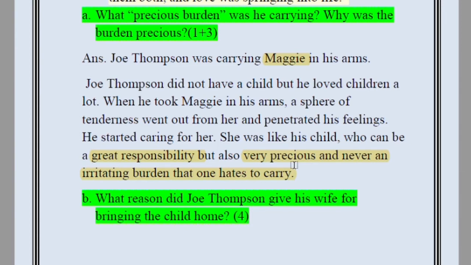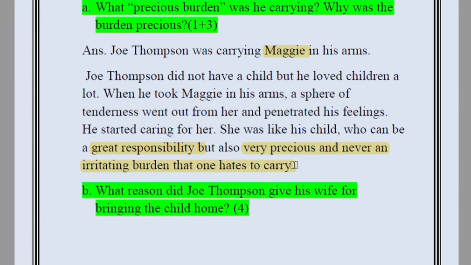Okay, love to bear. That is what he's trying to say. Obviously it is a burden, it is a responsibility, but your parents love to accept that responsibility and do their duties, isn't it? It is not irritating to take care of you. It is a precious responsibility that they love to carry out. That is what Joe Thompson feels for the child.